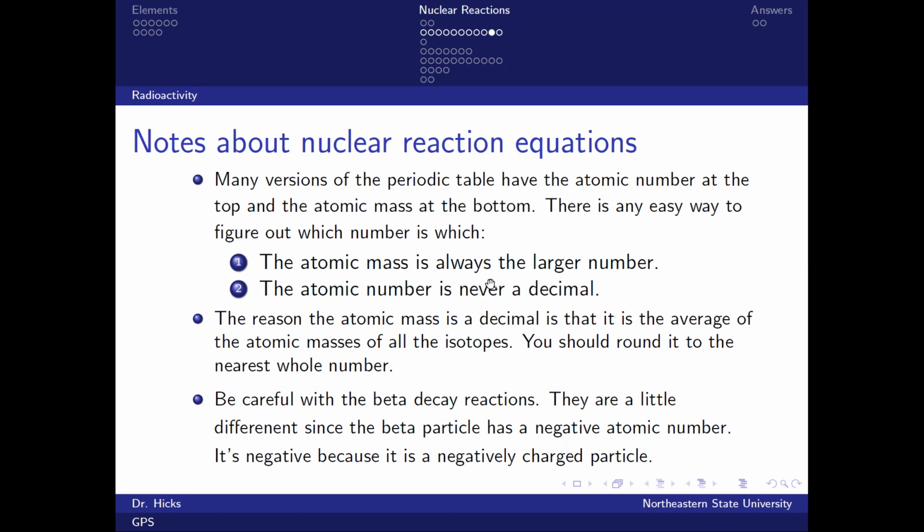One way you can tell the two apart is that the bigger one is the atomic mass, and it's on the periodic table, the one that's going to be a decimal because it's an average of all the isotopes. When you go to use that decimal atomic mass on these types of decay problems, you round it to the nearest whole number.